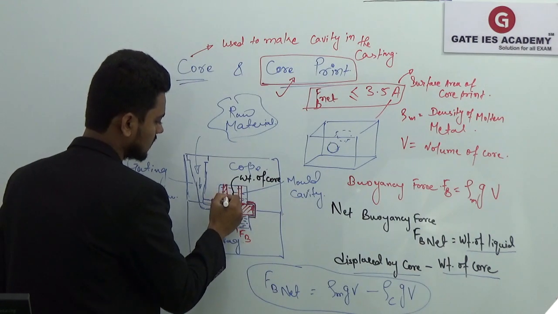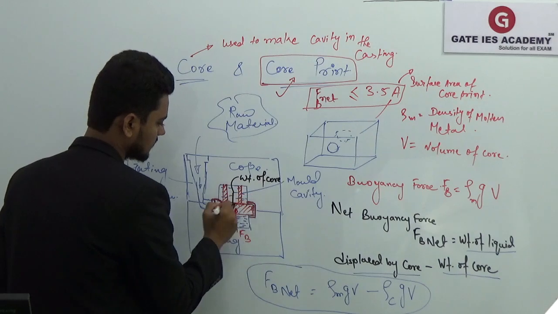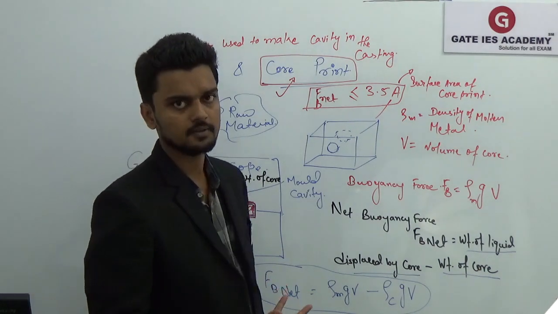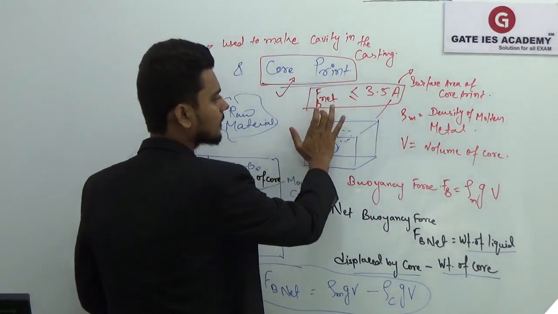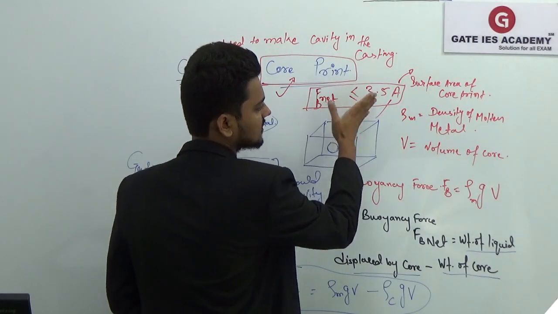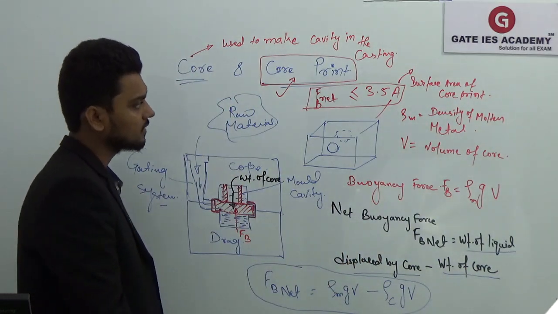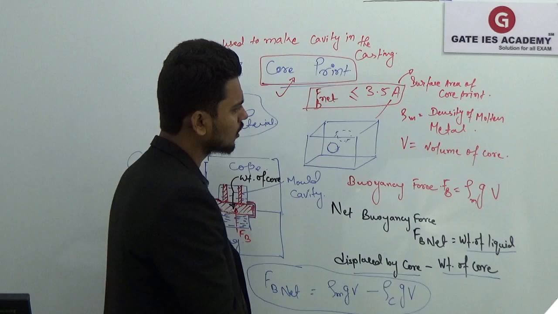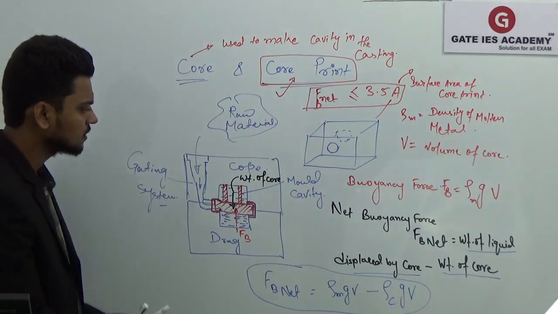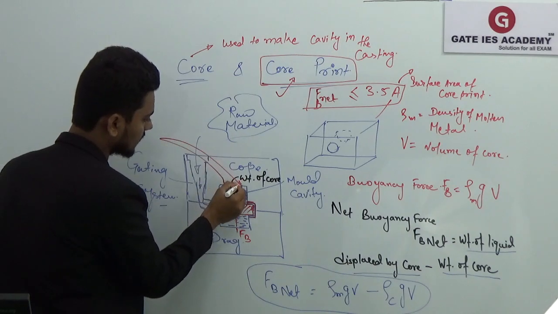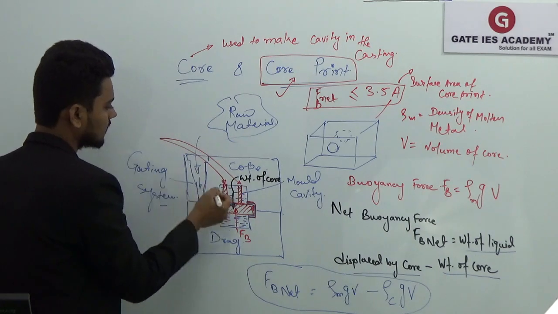So this is your chaplet. We have to use that chaplet in pairs. So if that net buoyancy force is less than 3.5 times A, where A is the surface area of your core print, in that case we do not require this chaplet.